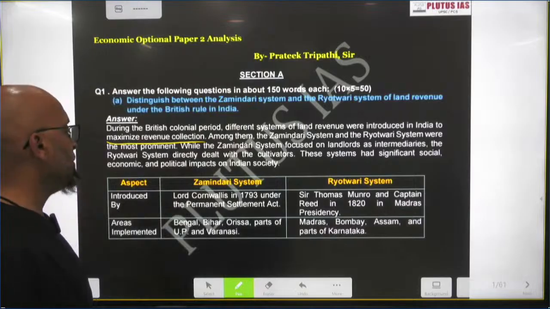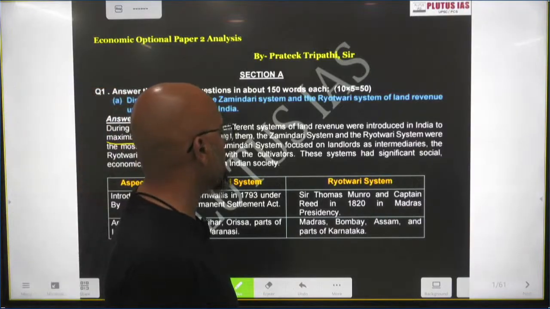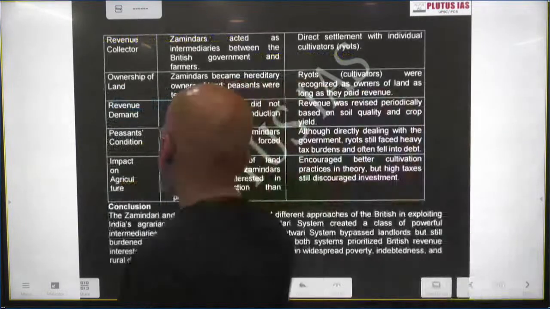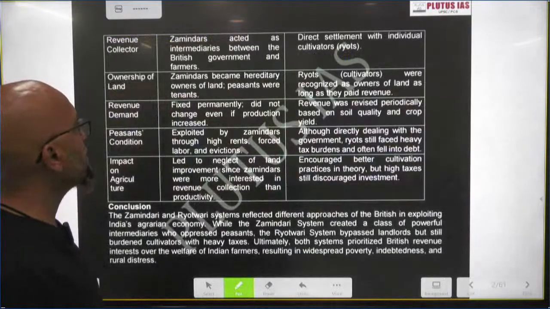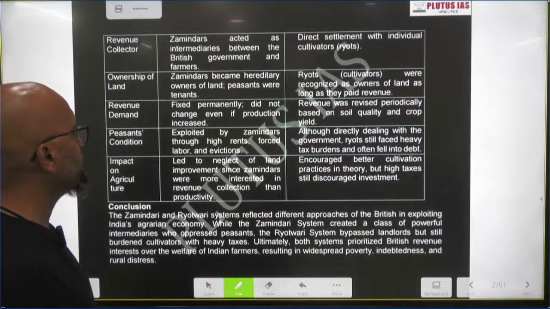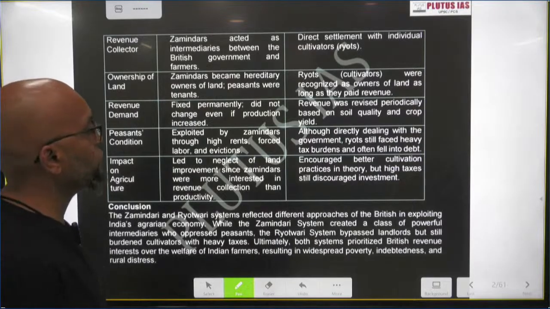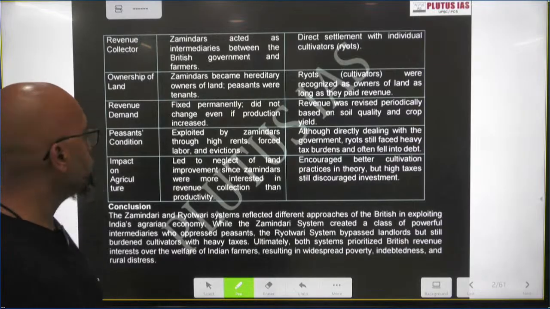Areas implemented in the Zamindari system: Bengal, Bihar, Orissa, parts of UP and Varanasi, whereas in Ryotwari: Madras, Bombay, Assam, and parts of Karnataka. Then, revenue collector. Under the Zamindari system, Zamindars acted as intermediaries between the British government and farmers. That means Zamindars collected the revenue. Whereas under the Ryotwari system, direct settlement with the individual cultivator was done.